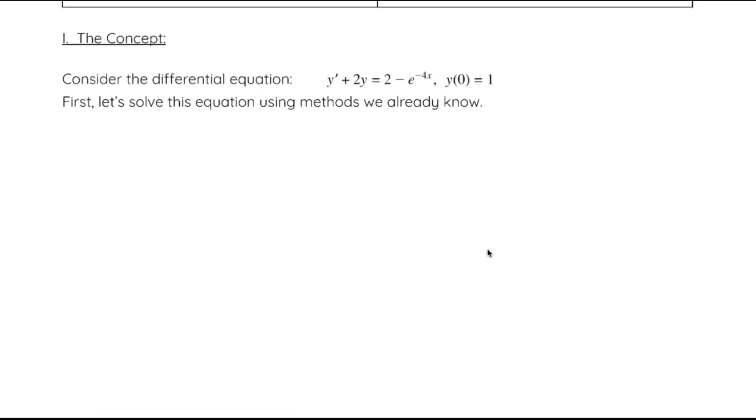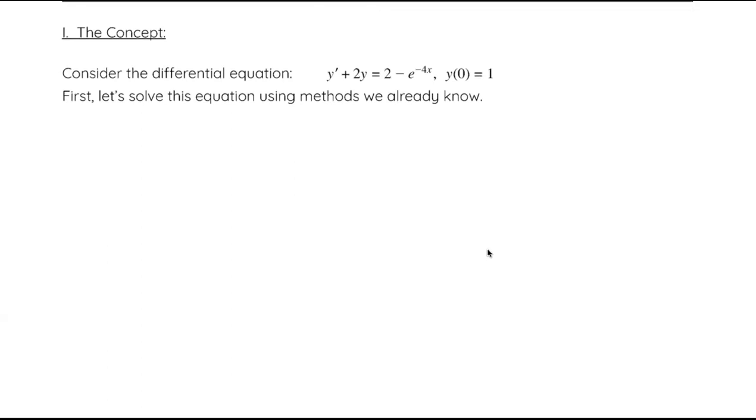All right, so let's take a look at the concept. I'm going to start with this differential equation, y prime plus 2y equals 2 minus e to the negative 4x. And we have an initial condition, y of 0 equals 1. What we're going to do is solve this first using methods that we already know. Okay, so this will be a good review for exam 1.